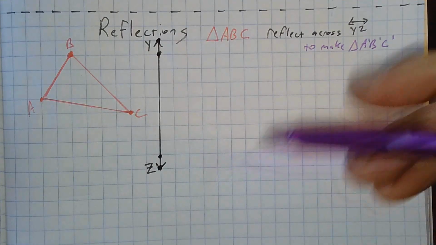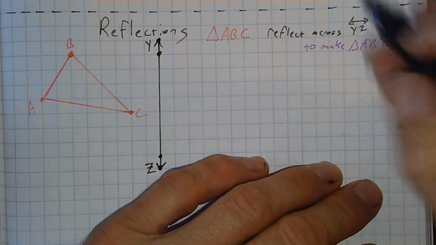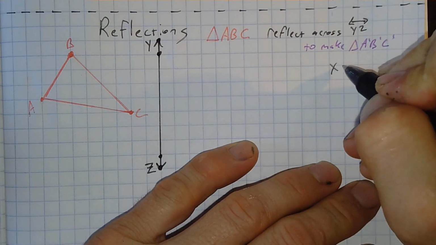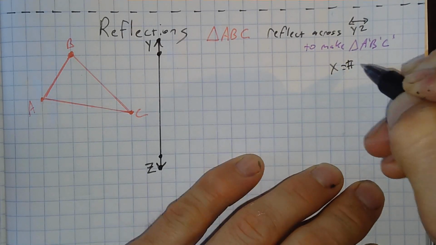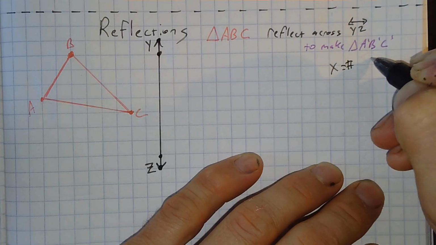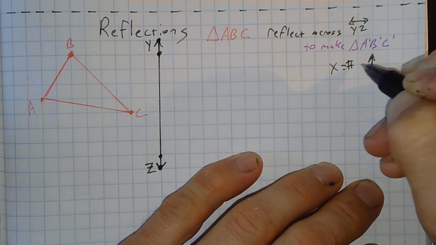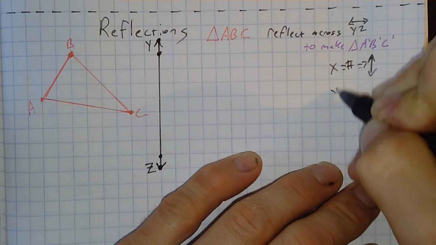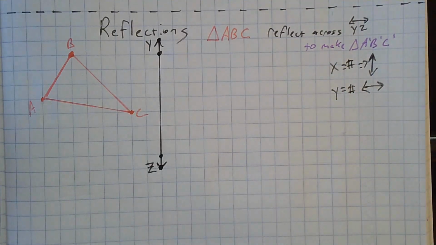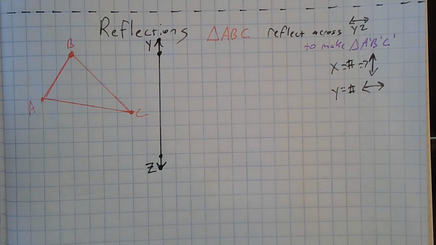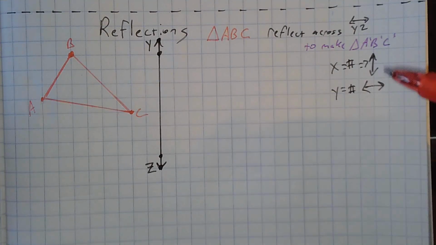So if x equals some number, the line does this. When y equals some number, the line does that. That's something nice to know. Okay, so that's a little bit of algebra review.